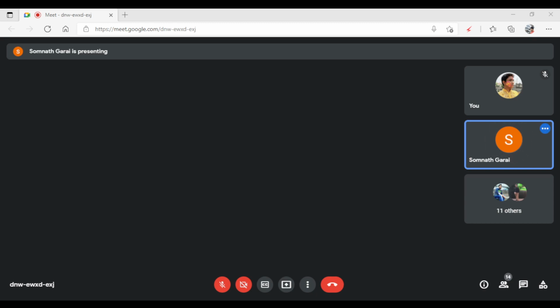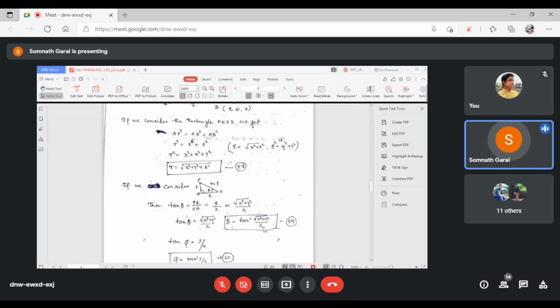So the value of PH is equal to rho and the value of OH is equal to z, right? Now we know that the value of rho, as I discussed in the earlier class, is equal to root under x square plus y square. So tan theta will be root under x square plus y square by z. Now theta will be tan inverse of root under x square plus y square by z.